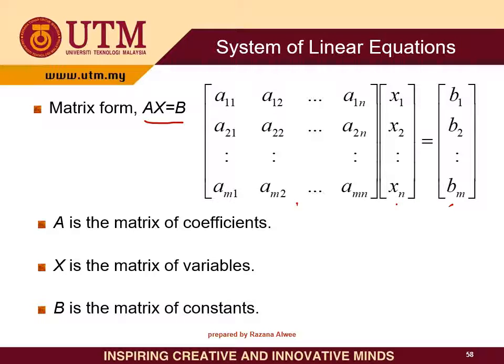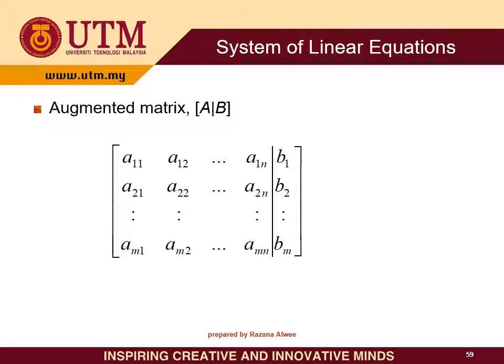A is the matrix of coefficients, x is the matrix of variables, and b is the matrix of constants. Then we also have what we call an augmented matrix, where this is the symbol. If you see matrices like this, it is called an augmented matrix.